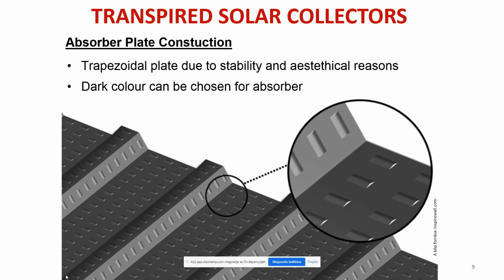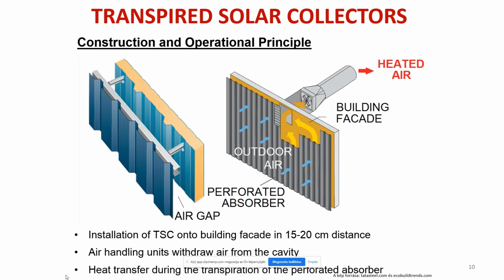The color is, of course, as dark as possible, but the house owner can choose from a wide variety of absorber colors. Obviously, the lighter the color gets, the worse the absorptivity will be.